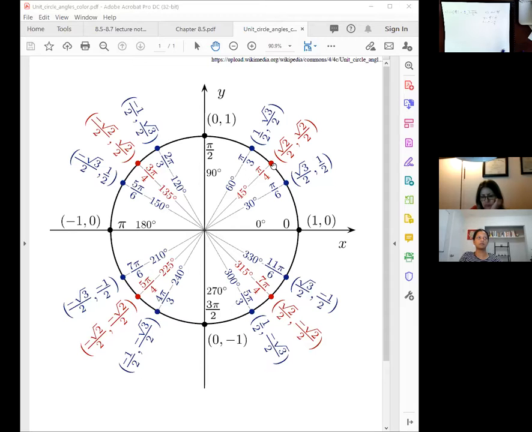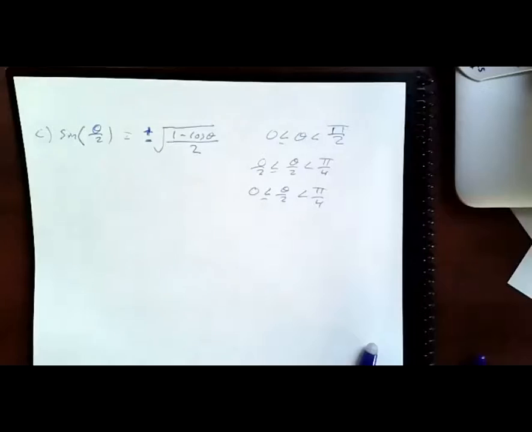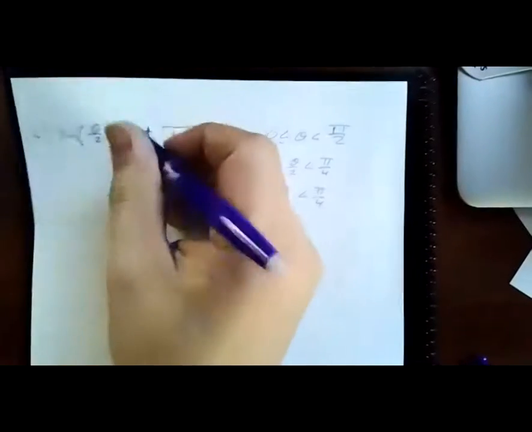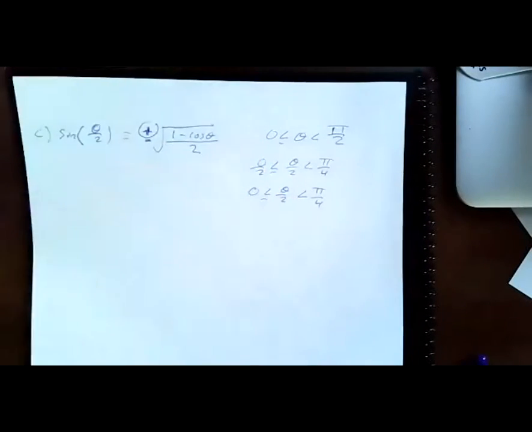I'd cut the interval in half. But what matters is x and y are both positive here, in quadrant 1, and when we divide by 2, we're still in the same quadrant, so the sign doesn't change. Because of that, we're going to choose the plus, not the minus.